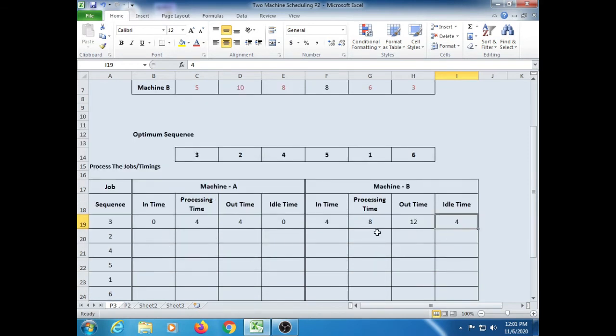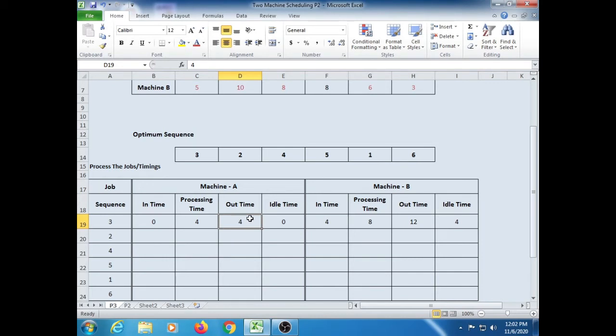Okay, next, coming to the next job. Here machine A processed the previous job, that is job 3. What is the out time of the previous job on machine A? The previous job's out time on machine A is the 4th hour.